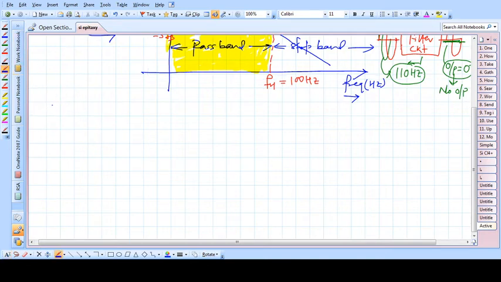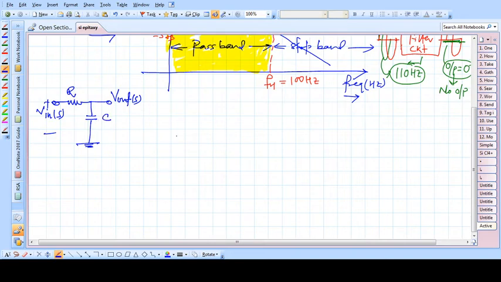We are very familiar with this type of circuit, the RC circuit. This one is basically a low pass filter, but how it works we will first look.